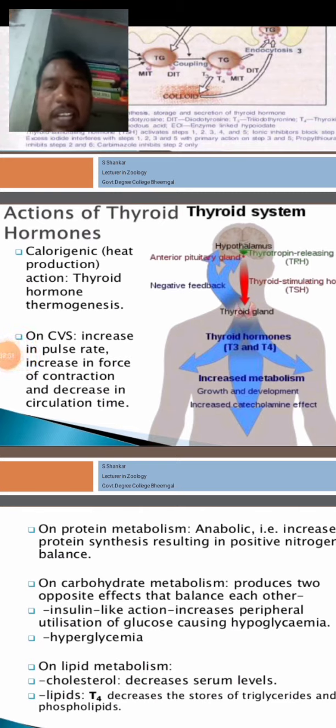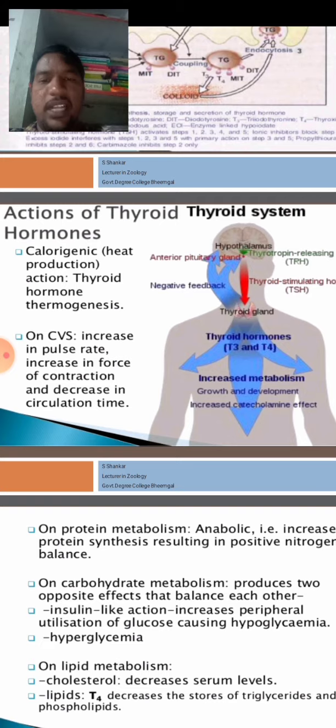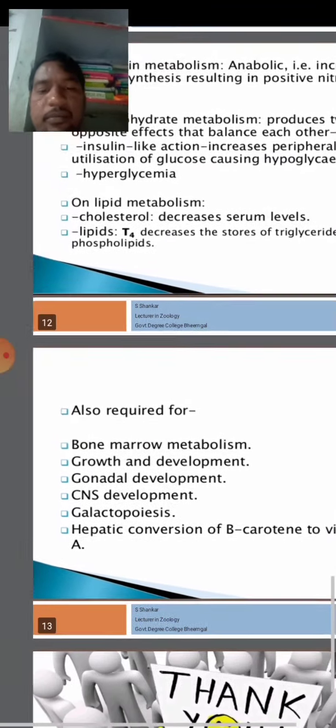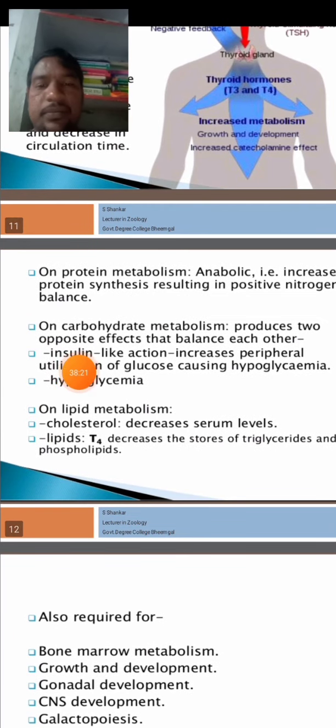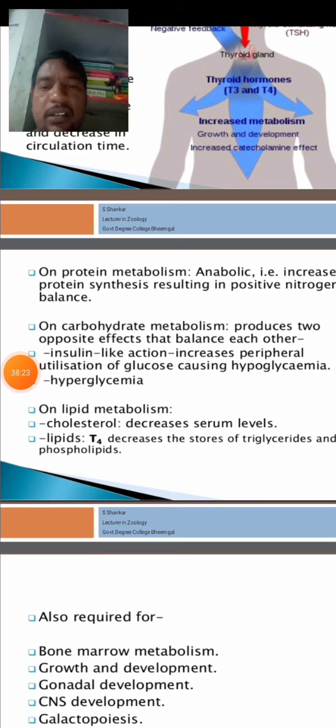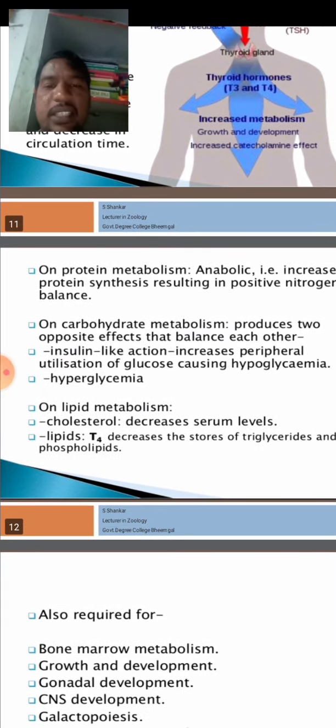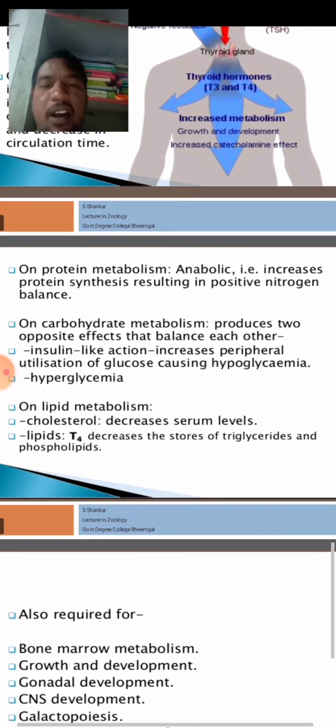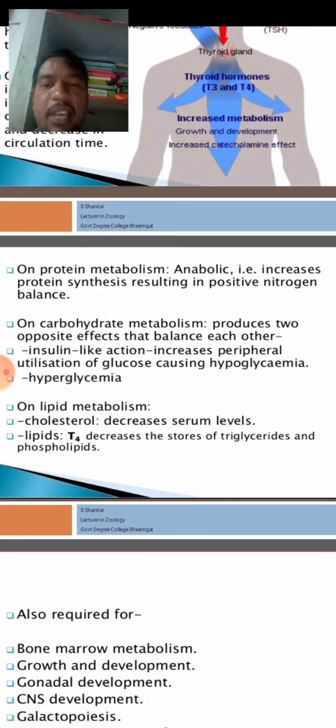The cholinergic heart production, action of thyroid hormone, thermogenesis. On the CVS: increase in pulse rate, increase in force of contraction, and decrease in circulation time. On protein metabolism, anabolic, increases protein synthesis, resulting in positive nitrogen balance.